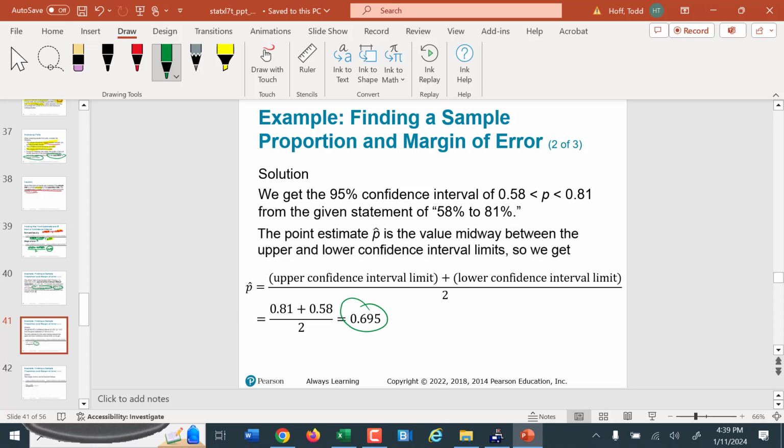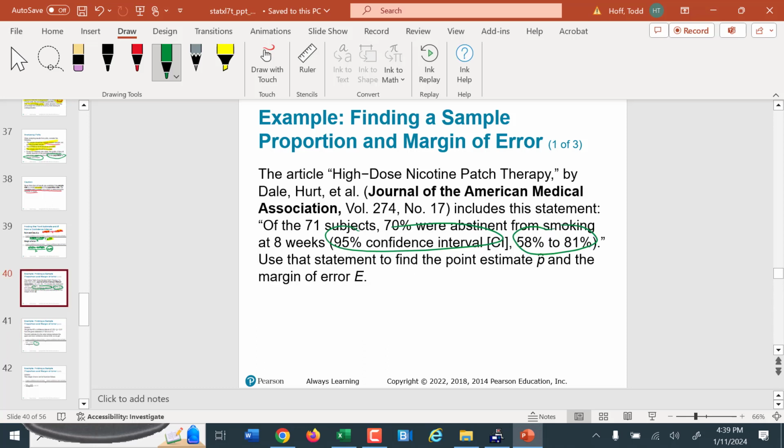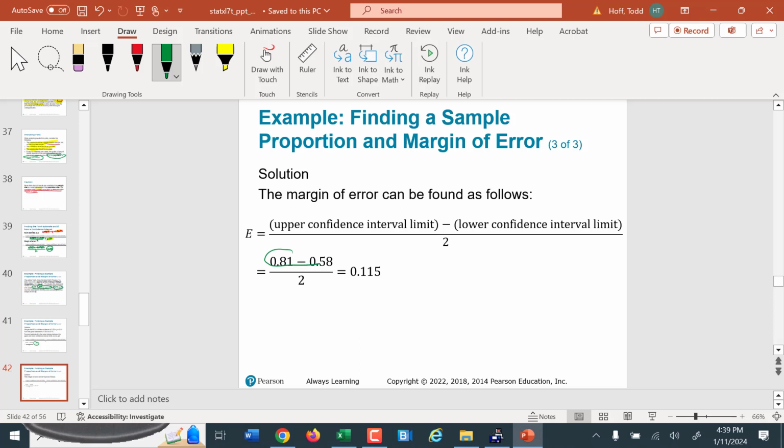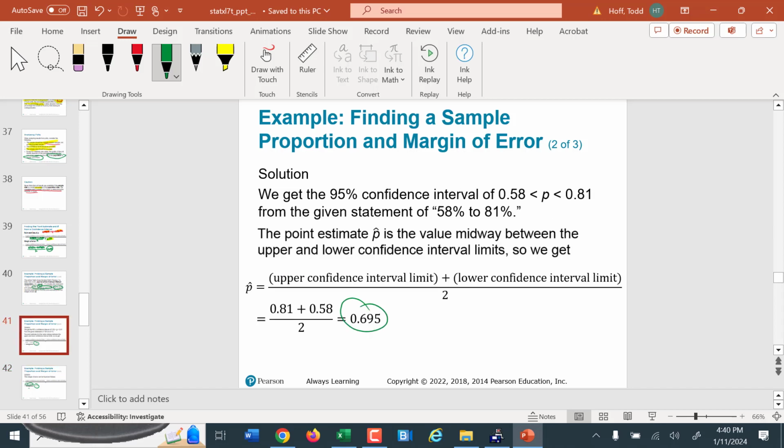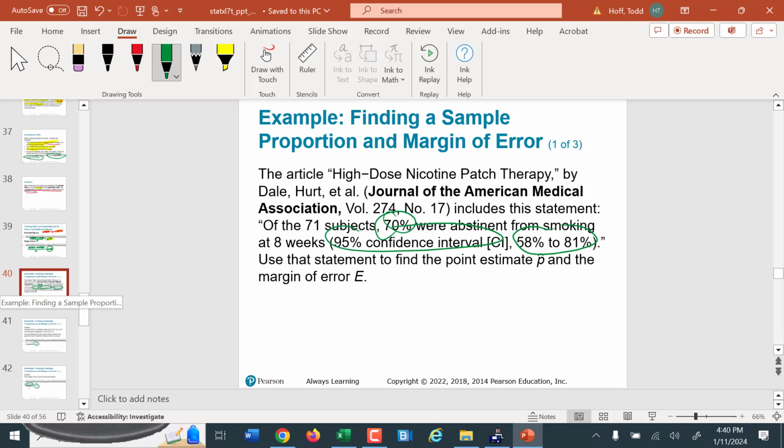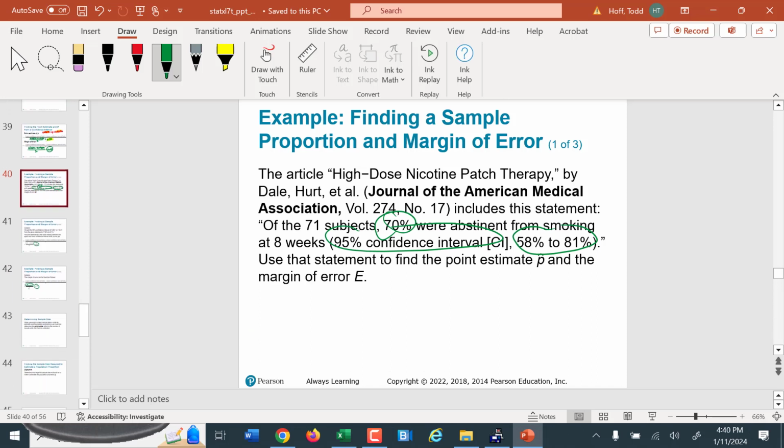So 69.5%. Here they said 70%, so that was accurate. They just rounded it. Then the margin of error, I subtract those. 0.81 minus 0.58 divided by 2, I get 0.115, so 11.5, plus or minus 11.5%. Works out with the numbers they gave in this example.